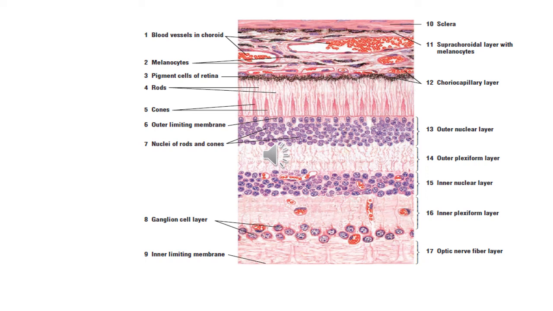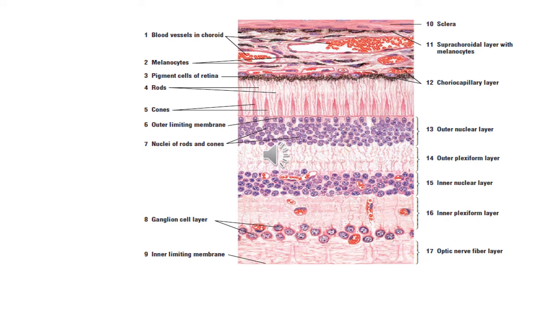Then comes the inner nuclear layer, in which the nuclei of the bipolar neurons are present, and blood vessels are also present, which you have to draw in between them. Then is the inner plexiform layer, which is the inner synaptic layer, and in this region the axons of the bipolar neurons make synapses with the dendrites of the ganglion cells, which are present in the deeper layer, along with the amacrine cells and the interplexiform neurons.